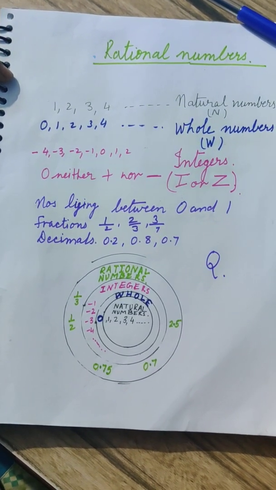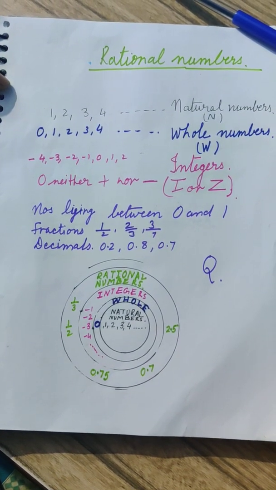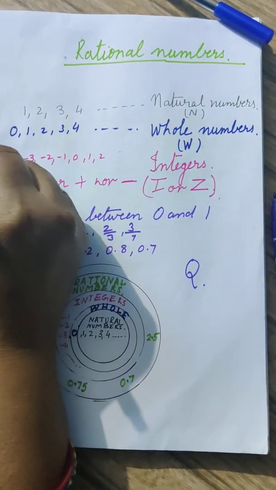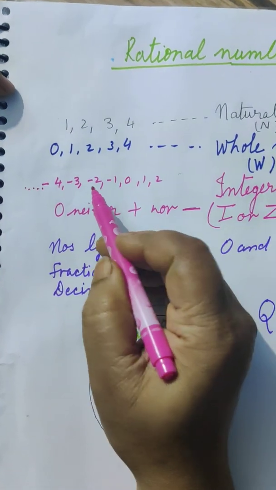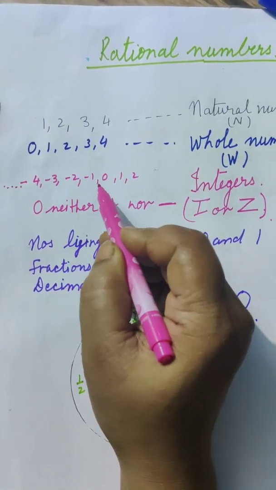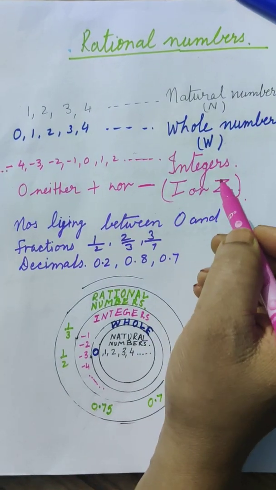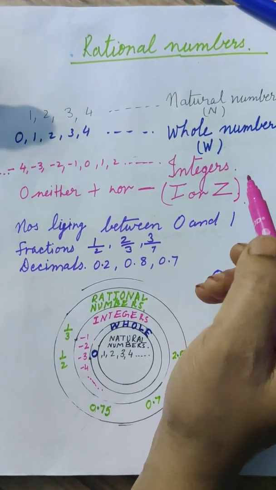When we add negative numbers to the set of whole numbers, like -4, -3, -2, -1, 0, 1, 2 and so on, these are what? Integers.